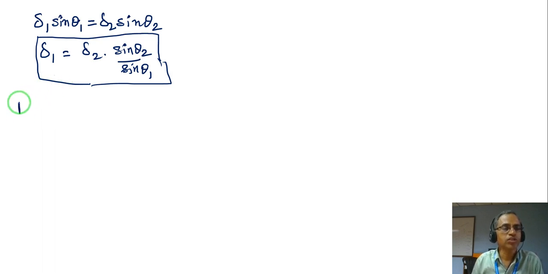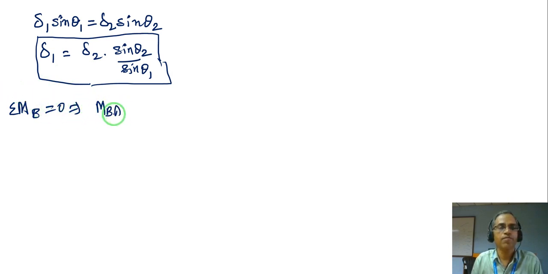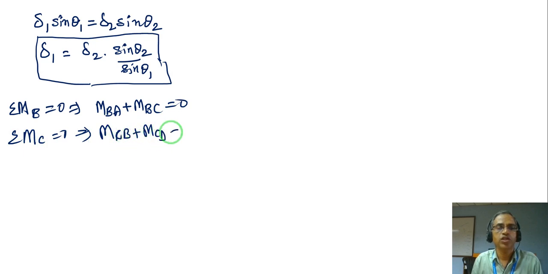Second, we know the summation of moment at joint B is equal to 0. This is the joint equilibrium equation, which is MBA plus MBC is equal to 0. The second joint equilibrium equation, moment at C is 0, which is MCB plus MCD is equal to 0.